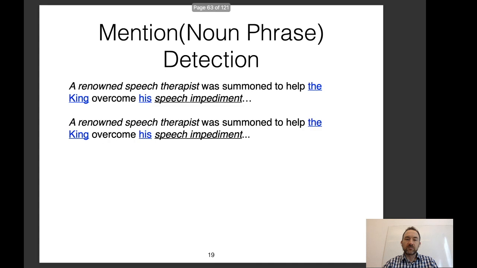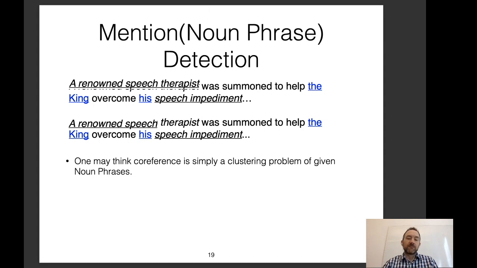So noun phrase detection is actually quite tricky, because if we look here, we have a renowned speech therapist and a renowned speech, and these are both noun phrases, but it's hard to tell which one of these might correspond to another entity, particularly one that we would want to be detecting.